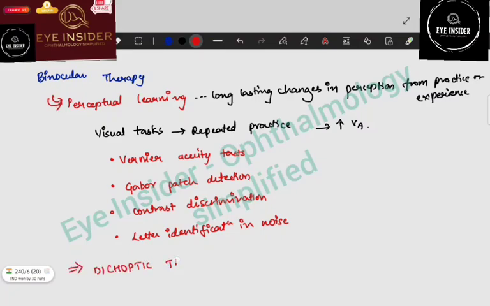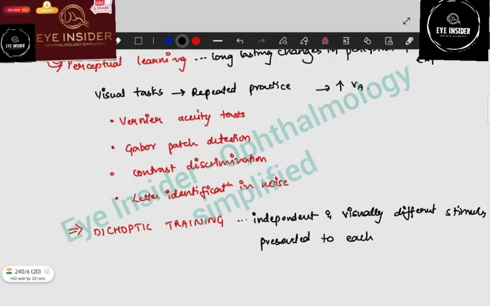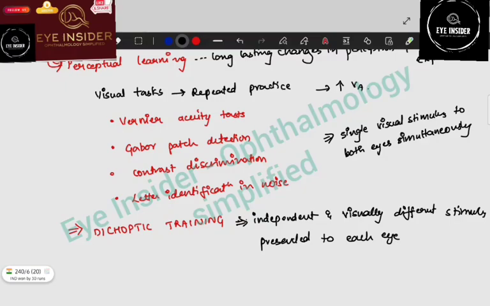Another binocular therapy is dichoptic training. In this, independent and visually different stimuli are presented to each eye, whereas in perceptual learning, a single visual stimulus was given to both eyes simultaneously, right? Here we are giving independent and visually different stimuli to each eye.